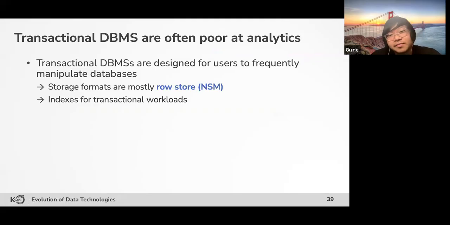So, database management systems. Okay, so I need to tell you this first. Nowadays, people try to distinguish database management systems into two types based on the workload that I mentioned earlier: OLTP databases and OLAP databases.